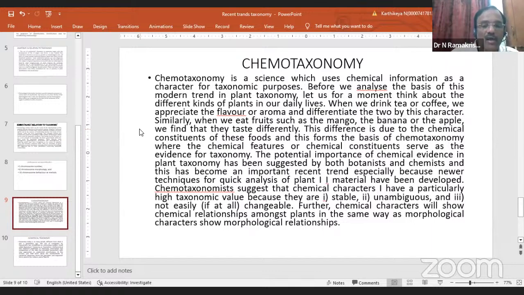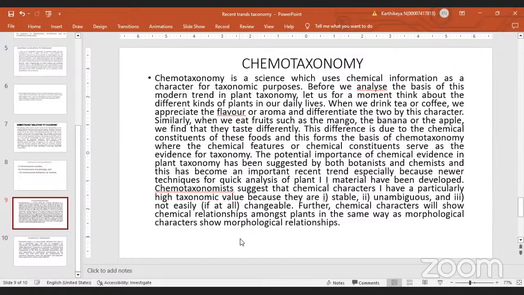And the carpels are more than two, with a superior ovary. This is the Annonaceae family. Is it clear now?